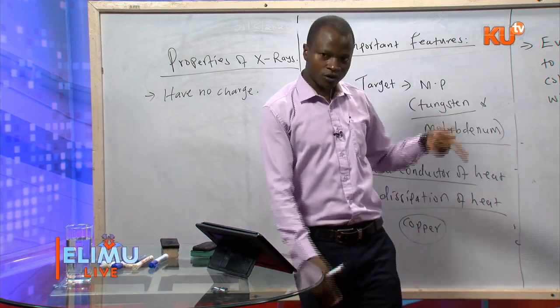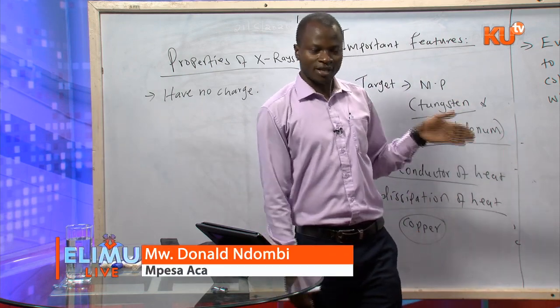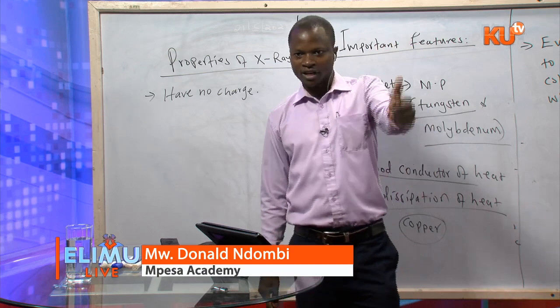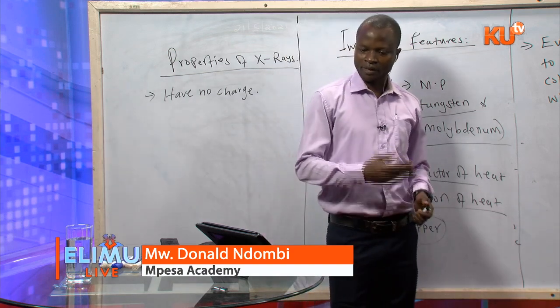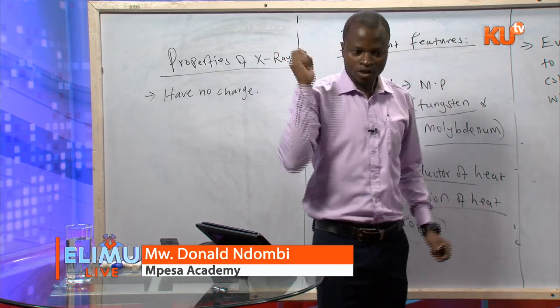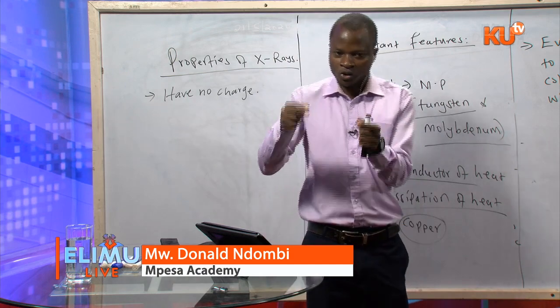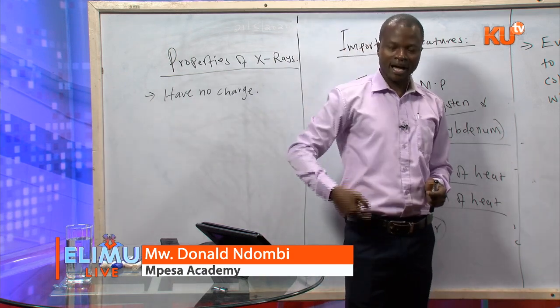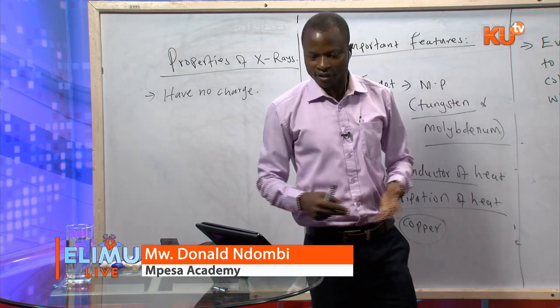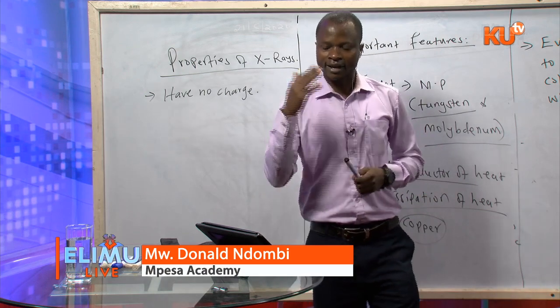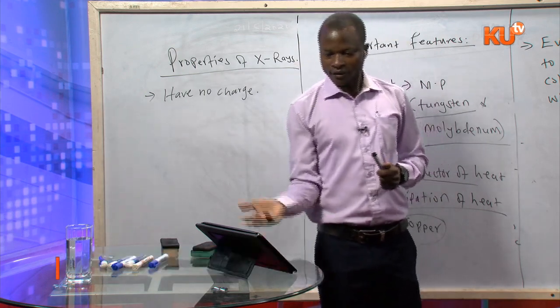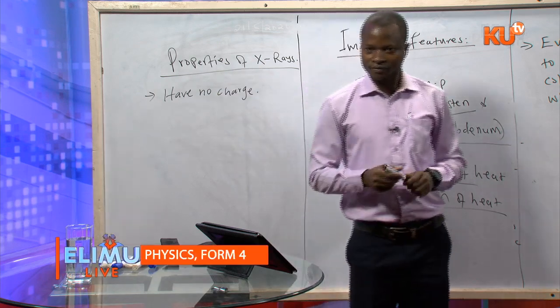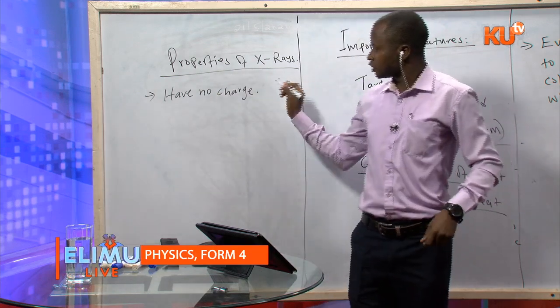The electrons we produce at the cathode, when they reach the anode, we do not need the electrons, but we need their energy. We just take 0.5% of the energy to produce X-rays. So those X-rays have no charge, therefore they are not deflected in either an electric or a magnetic field. That is property number one, no charge.